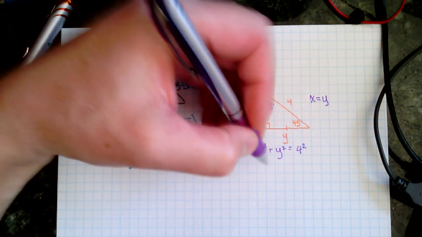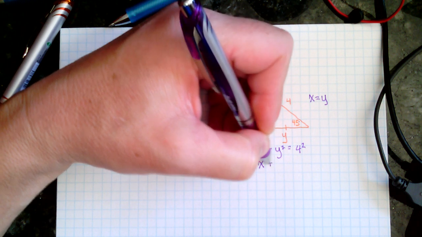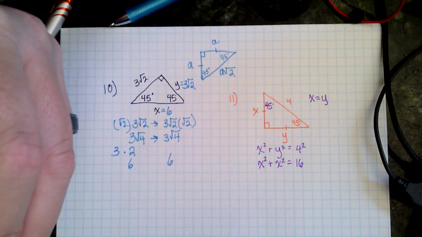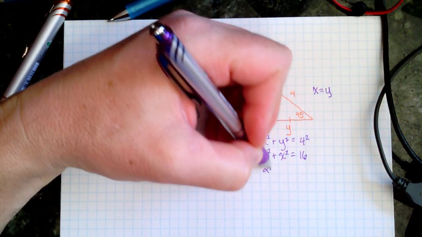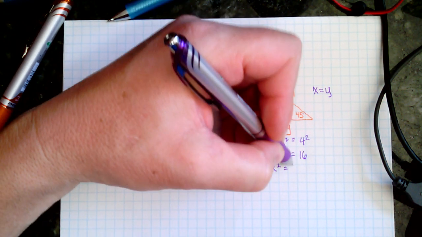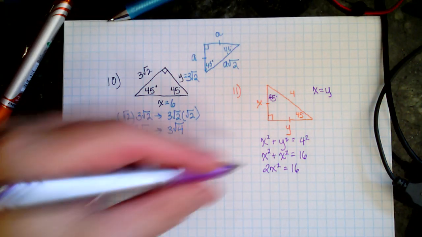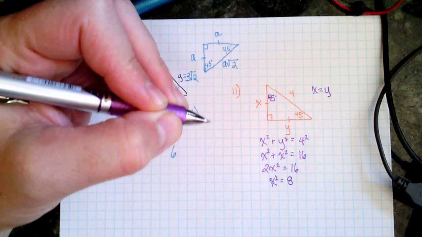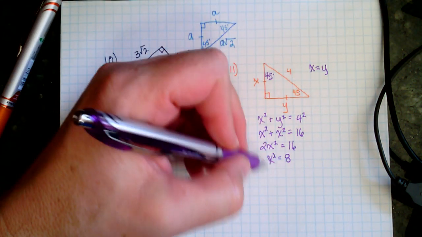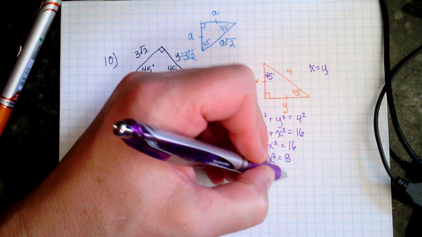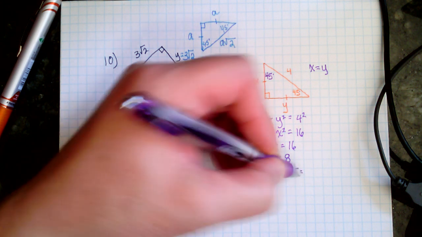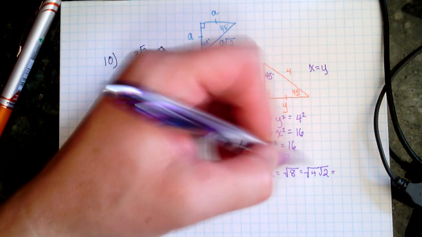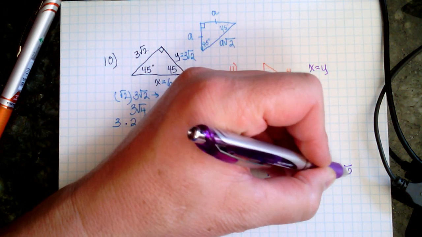And since x equals y, that becomes x squared plus x squared equals 16. Combine your like terms, 2x squared equals 16. Divide both sides by 2. X squared equals 8. X is equal to the square root of 8, which factors down to 4 times 2, which factors down to 2 root 2.